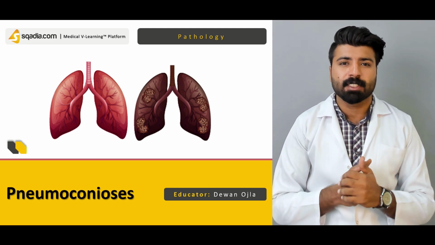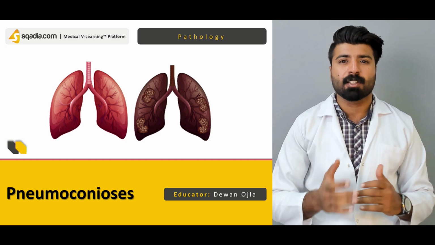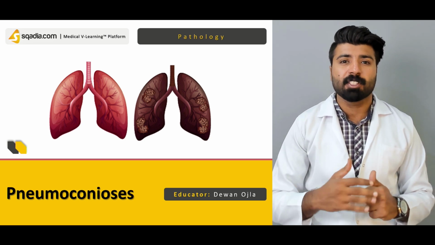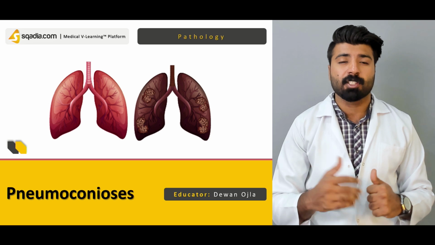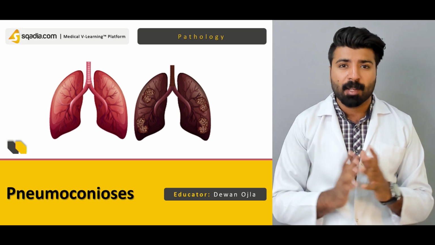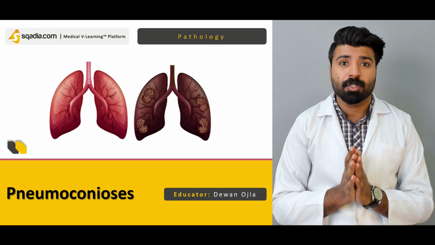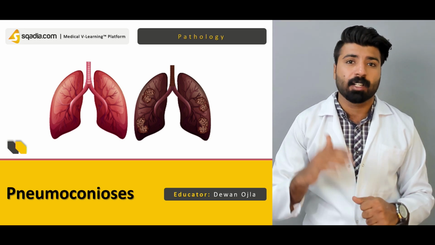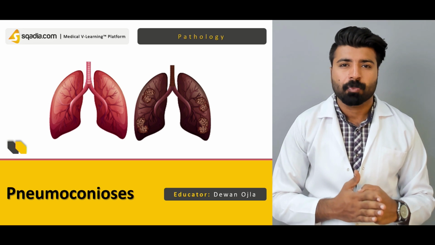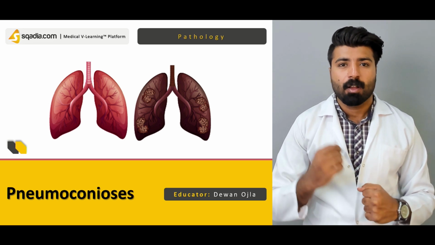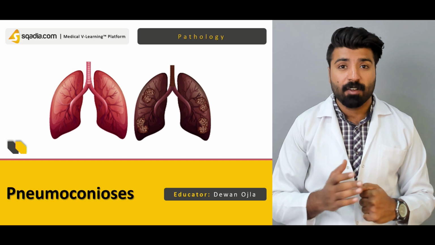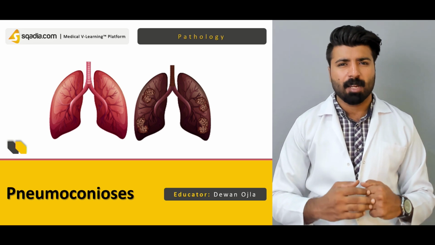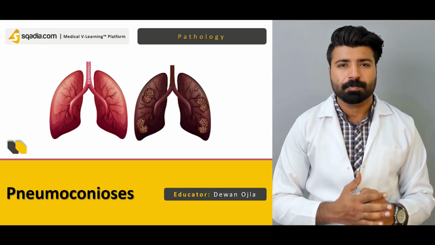In restrictive lung disease, what will happen if the patient is unable to inspire, if the patient is unable to fill his whole lung, if the patient is unable to attain that total lung capacity that the lung is supposed to have? It means the volume of the air inside the lung is markedly reduced. So what will happen? Forced expiratory volume in 1 second will either remain the same or be slightly reduced.